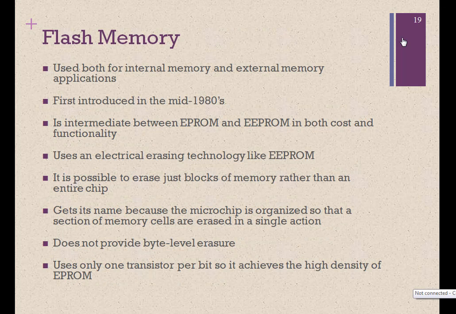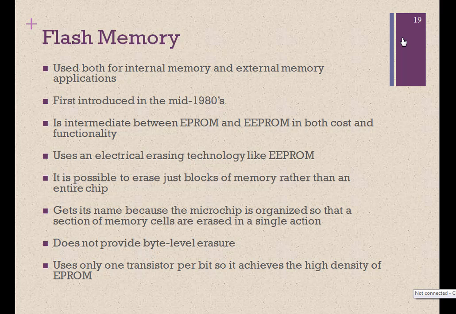Flash memory is used both for internal memory and external memory applications. First introduced in the mid-1980s, it is intermediate between EPROM and EEPROM in both cost and functionality. It uses electrical erasing technology like EEPROM.